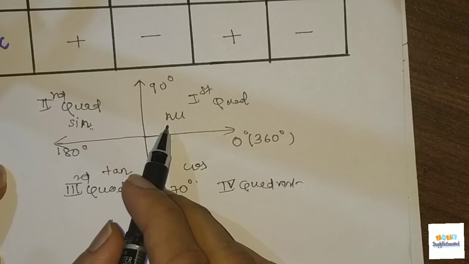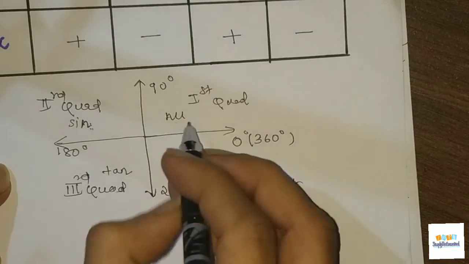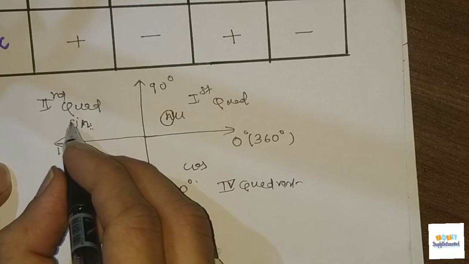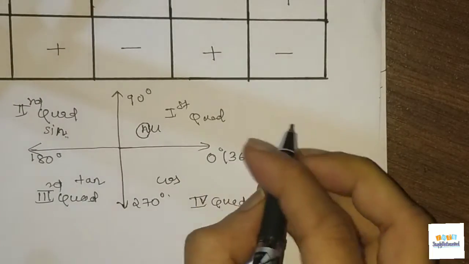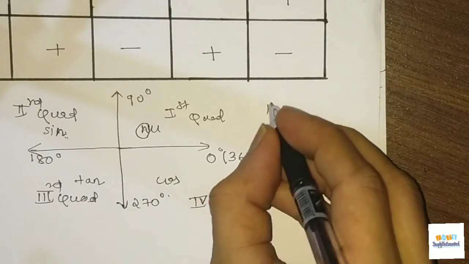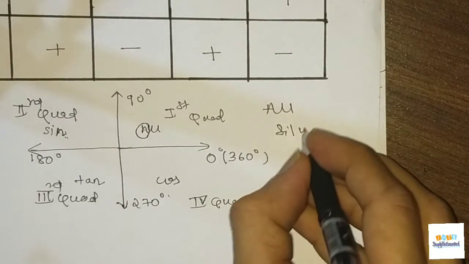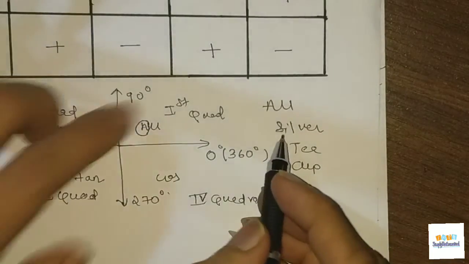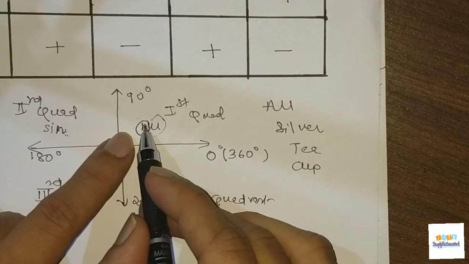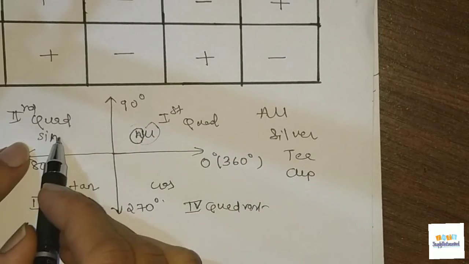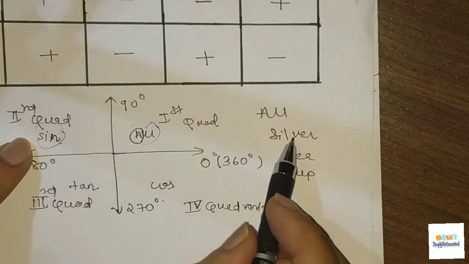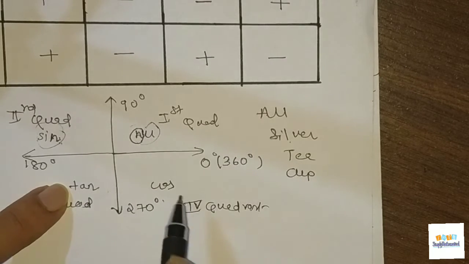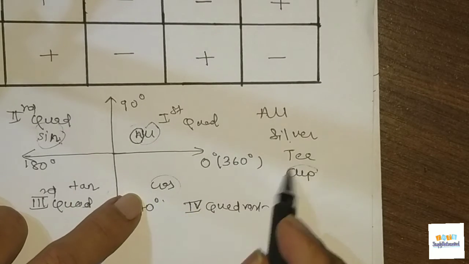So here what you only remember is this, all silver teacup. Just remember this sentence, all silver teacup. Why? Because this A corresponds to all, then S in sine corresponds to silver, then T in tan corresponds to tea, and C in cos corresponds to cup.